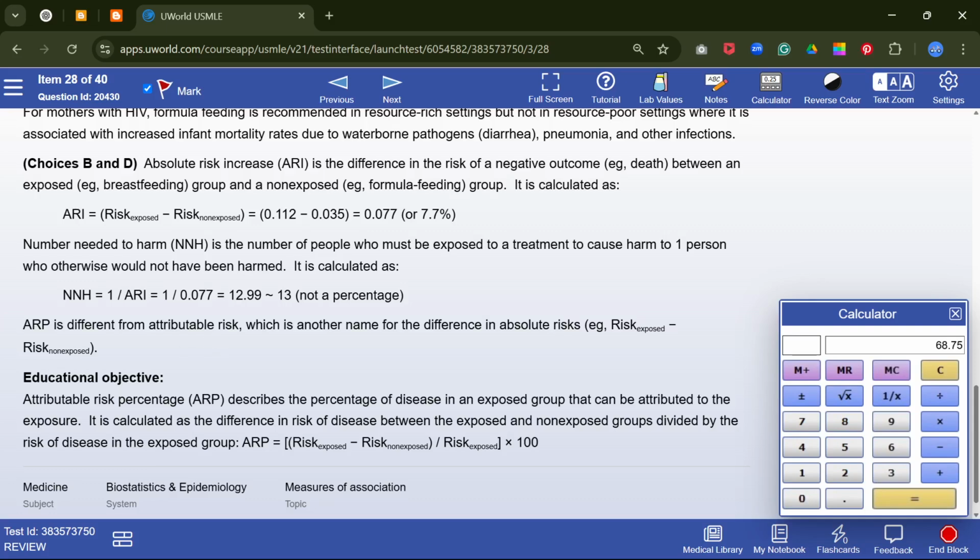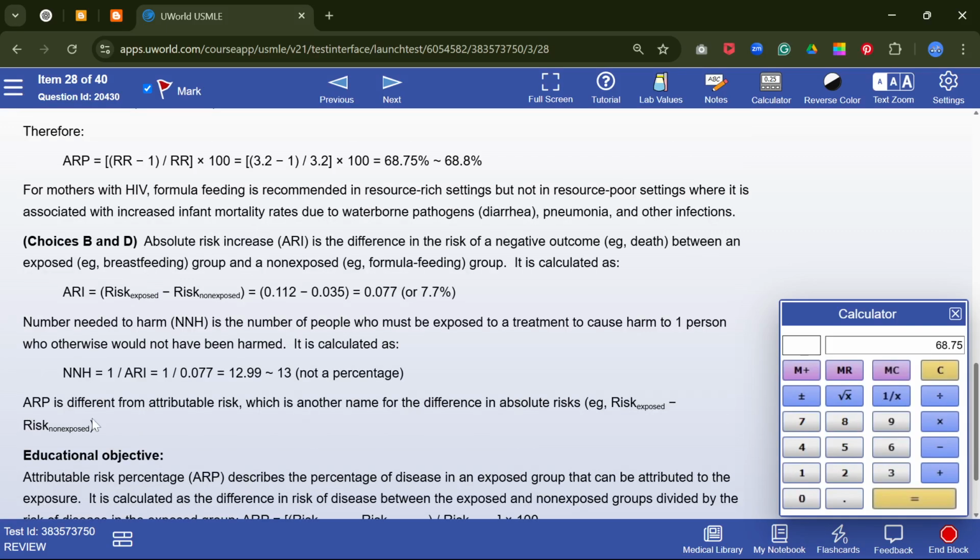Another important topic is number needed to harm. Number needed to harm is the number of people who must be exposed to the treatment for it to cause harm to one person. So it is 1 divided by the absolute risk increase.